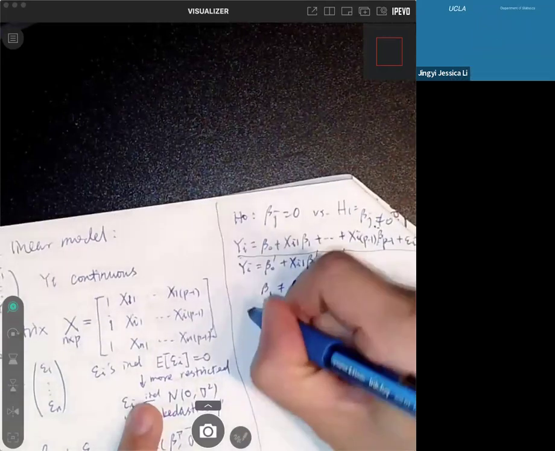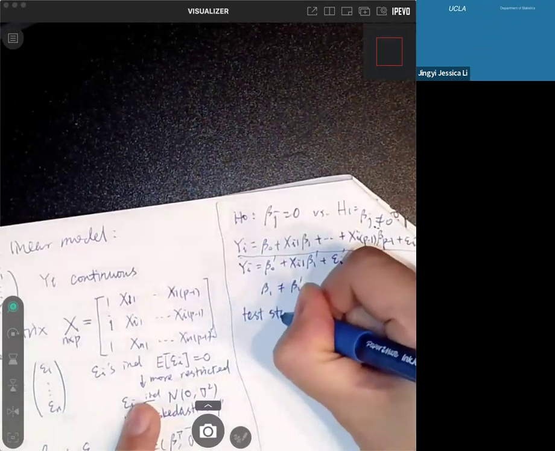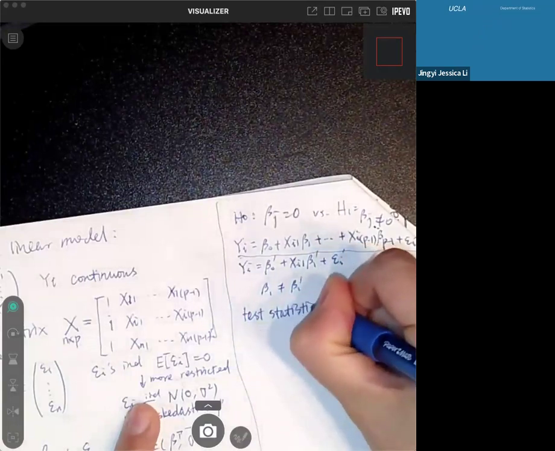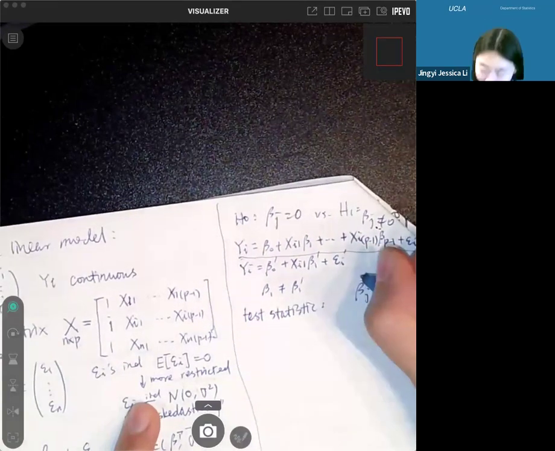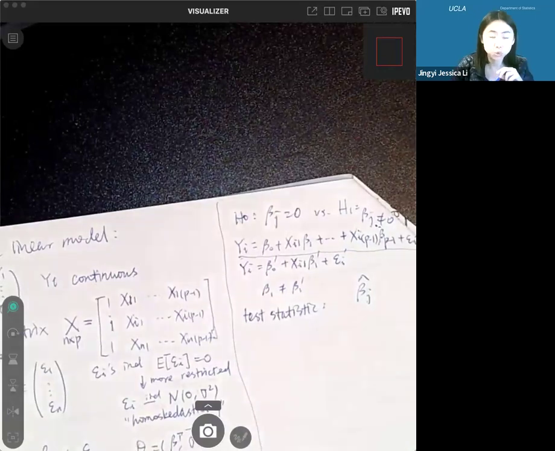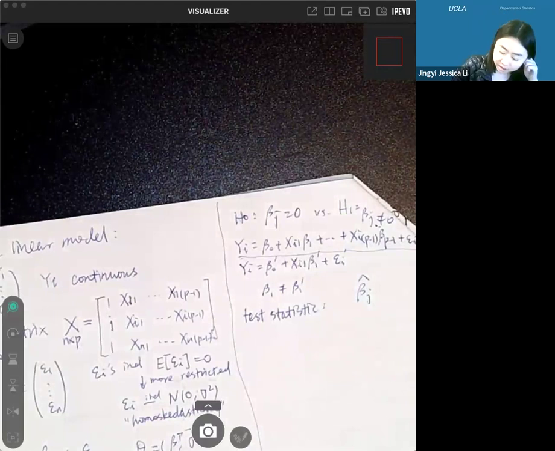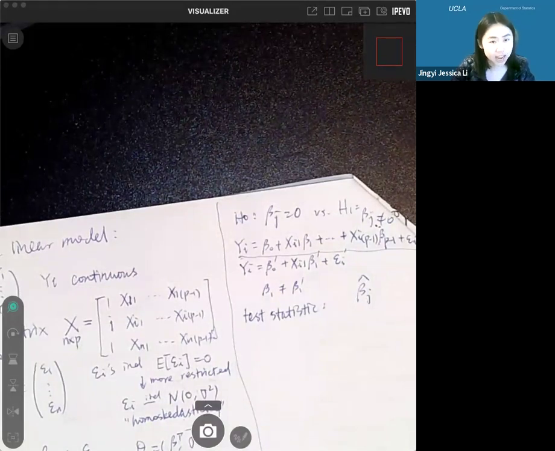So the test statistic should naturally start from beta hat j. But we know that for different beta hat j, the variance is different. In the old days, without computers, we needed standardized distributions to make into tables.